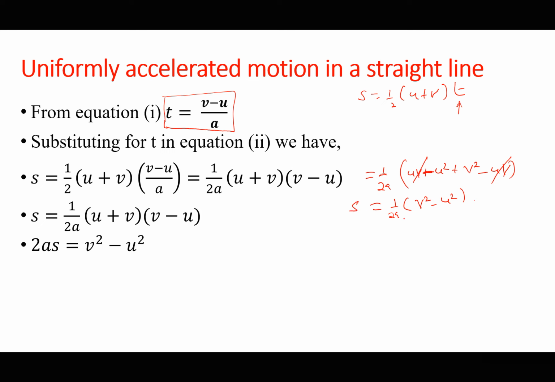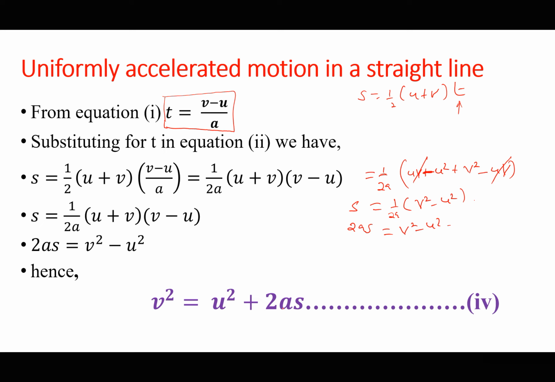Cross multiplying, you get 2as equals v squared minus u squared. And hence, when you rearrange that equation, you get v squared equals u squared plus 2as. So this is the last equation of kinematics: v squared equals u squared plus 2as.